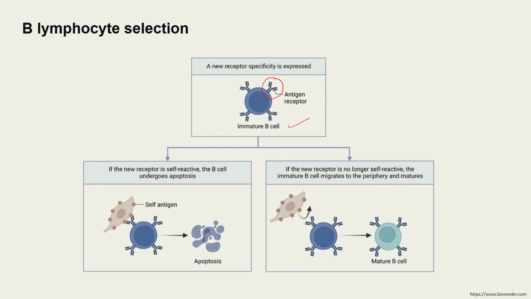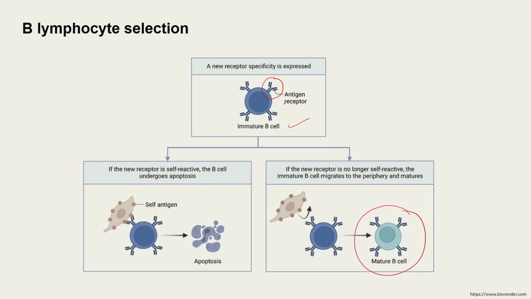If the new receptor is self-reacting, the B cell undergoes apoptosis, which we have discussed in detail. And if the new receptor is no longer self-reactive, the immature B cell migrates to the periphery and then matures as a functional B cell in order to do its function. Now all these phenomena are controlled very critically by receptor-mediated signaling pathways.